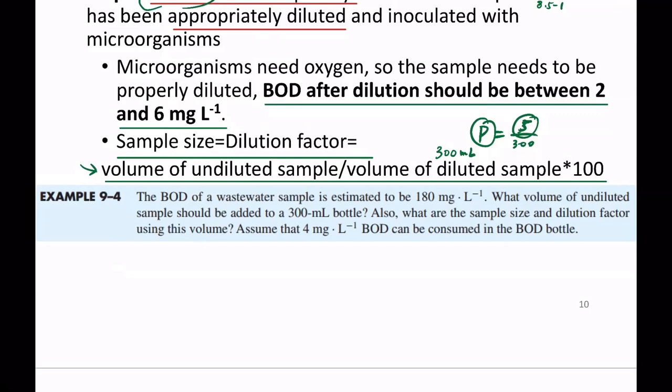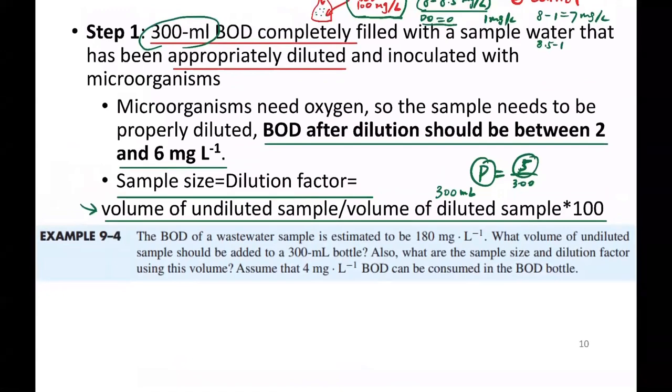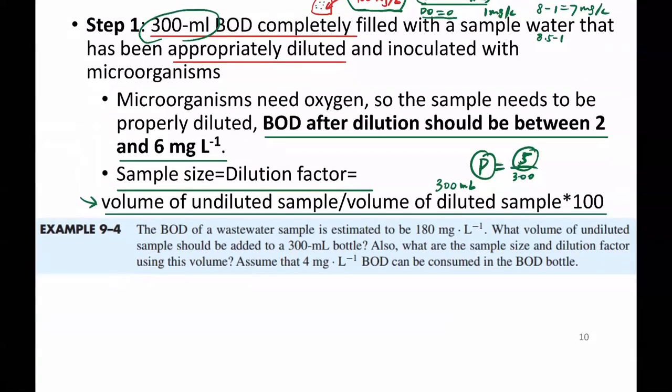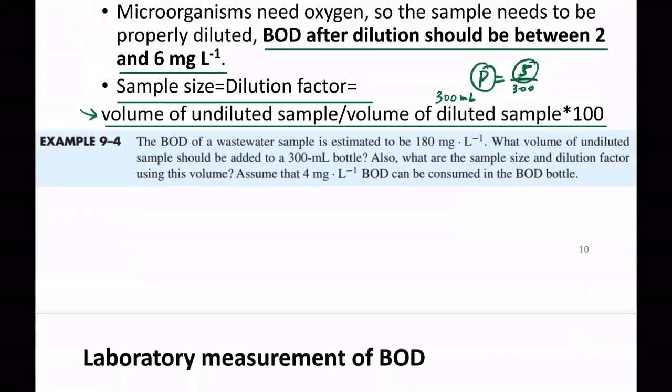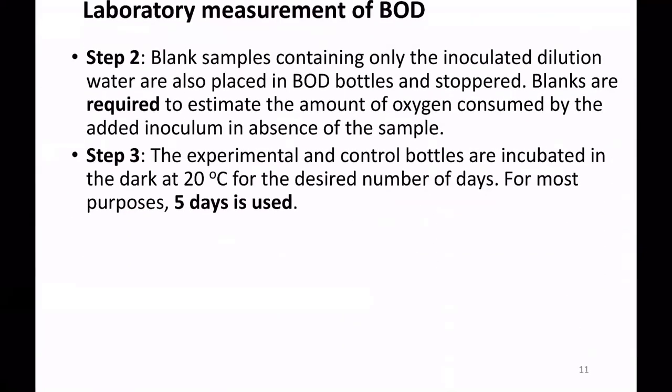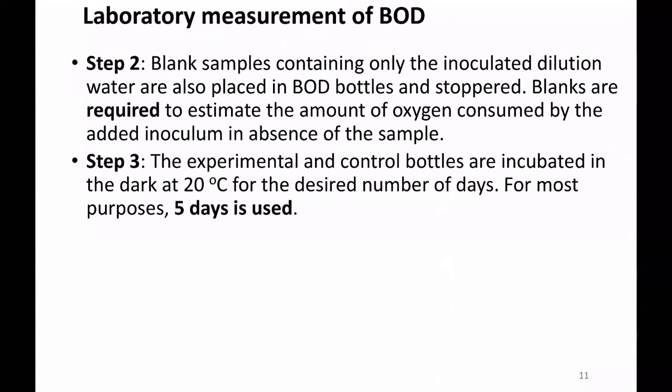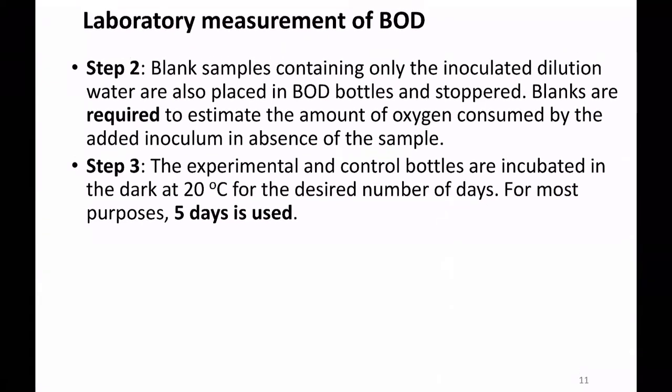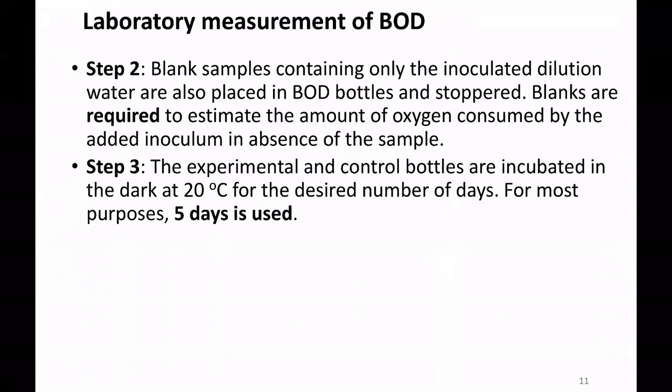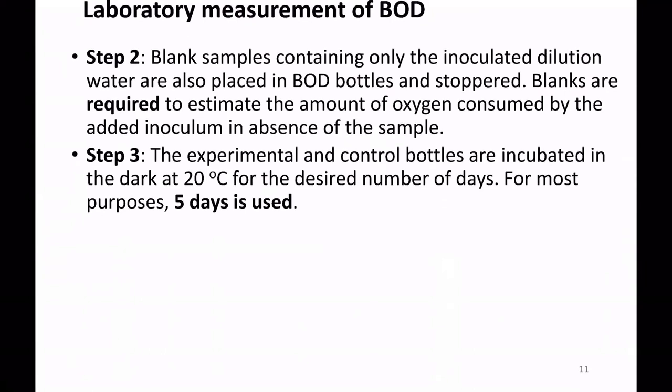All right, so this is basically the first step, to dilute the sample to do the measurement, all right? The second step is to add the seed into the sampled water, put on the stopper, and keep it sealed.